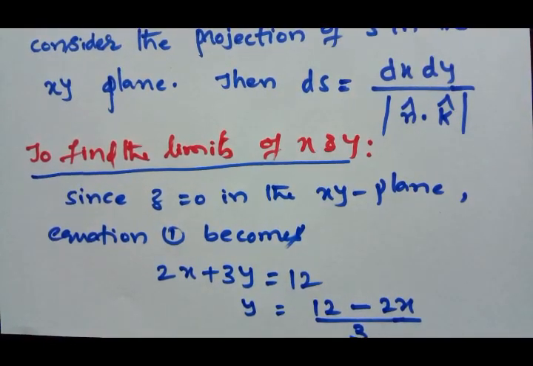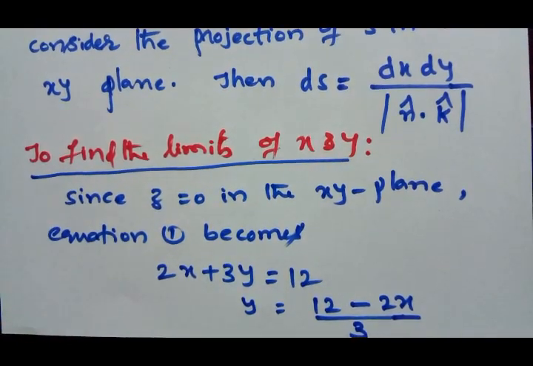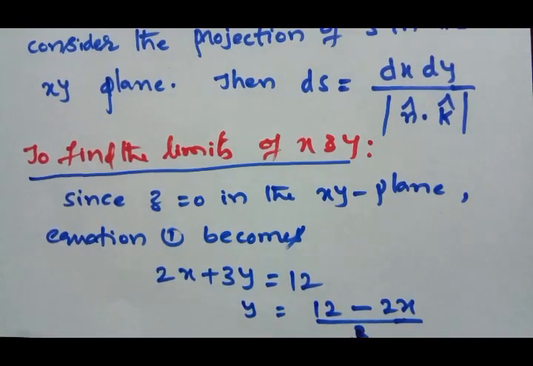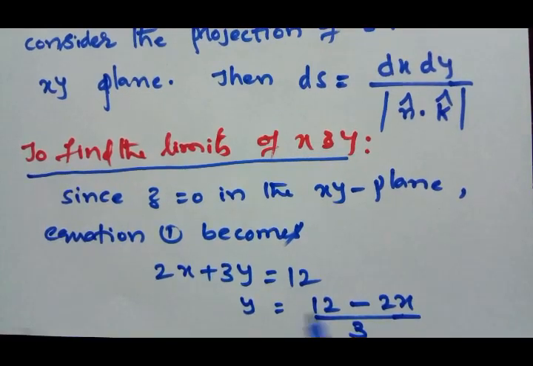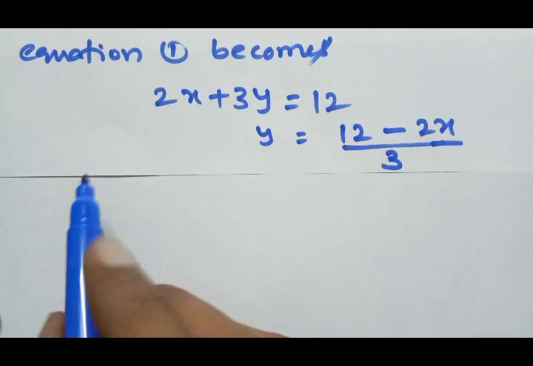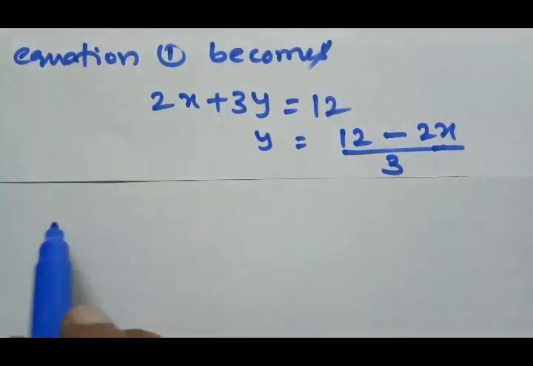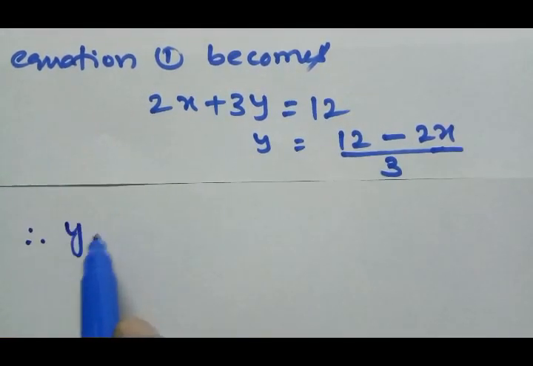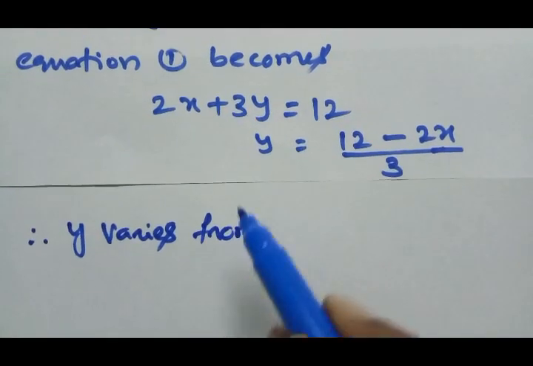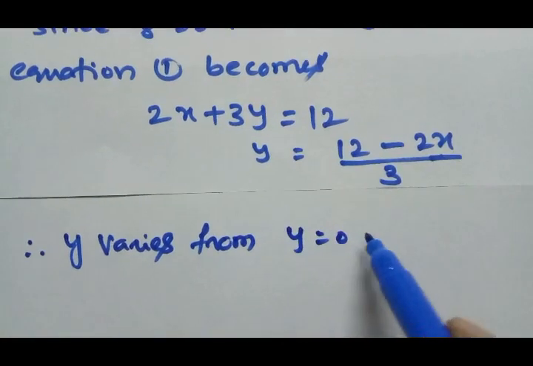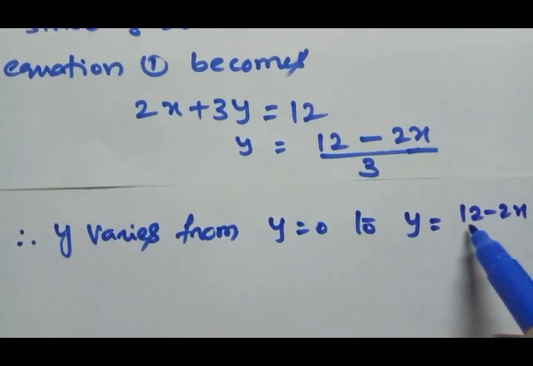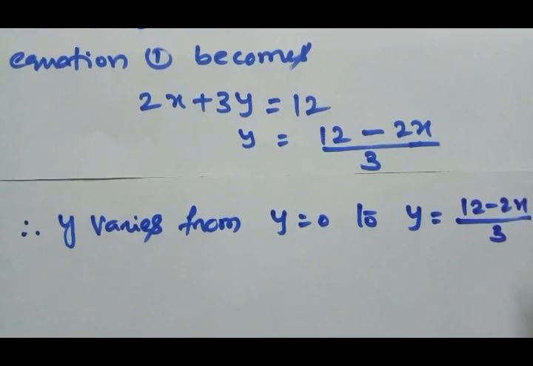We already explained the procedure of double integration in multiple integrals in the first year, first semester. Therefore y varies from 0 to 12 minus 2x by 3.